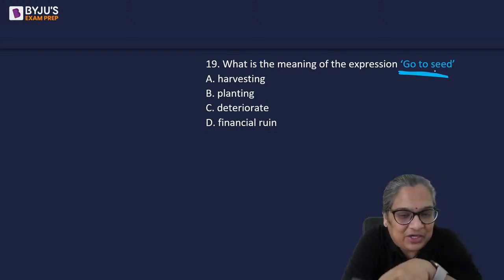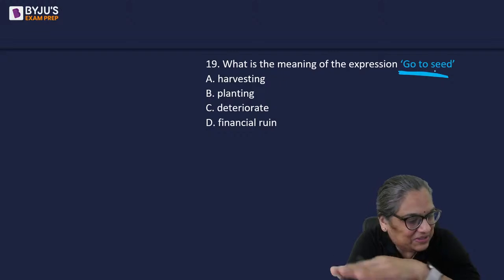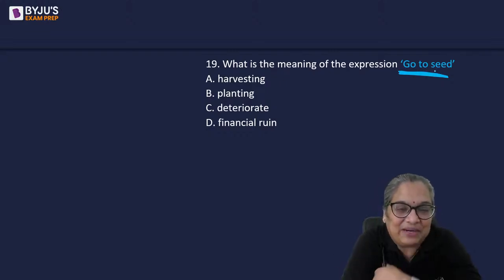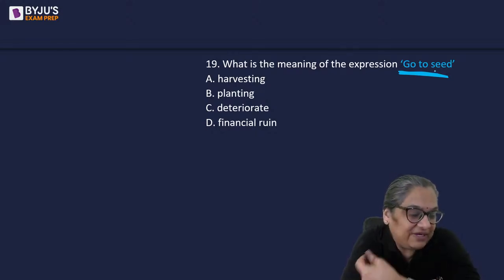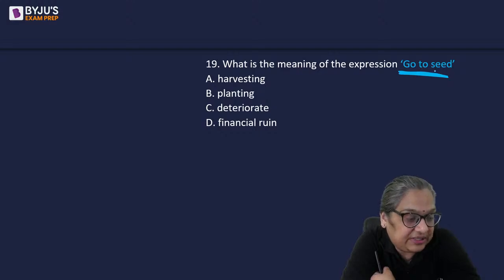Not my English, so I would have put it all in the same form, but I've taken it from a past year question paper. Go to seed. When you say something has gone to seed, what does it mean? Harvesting is being done, or planting is being done, or something has deteriorated, or something is facing financial ruin.